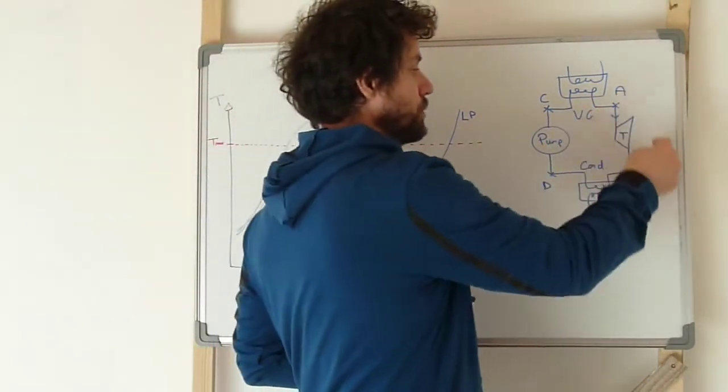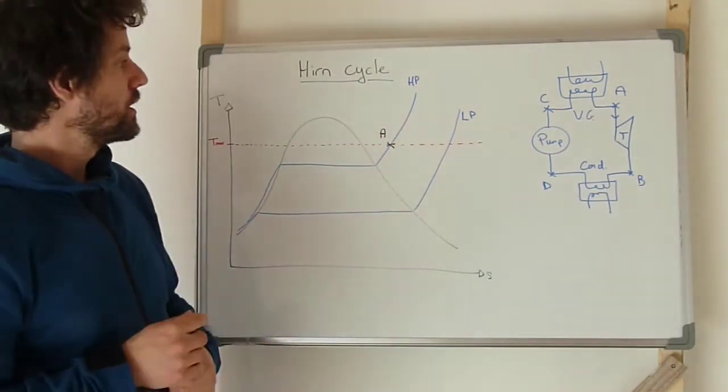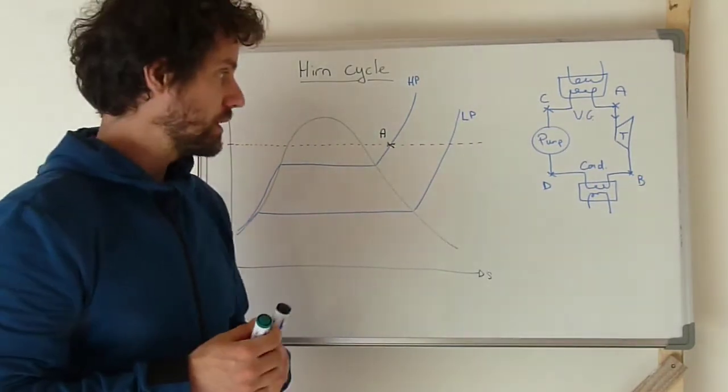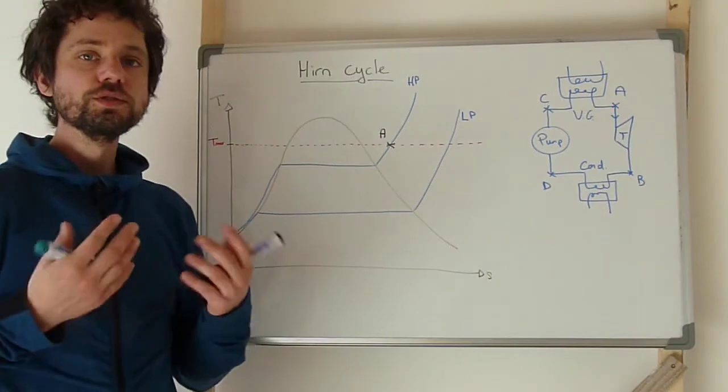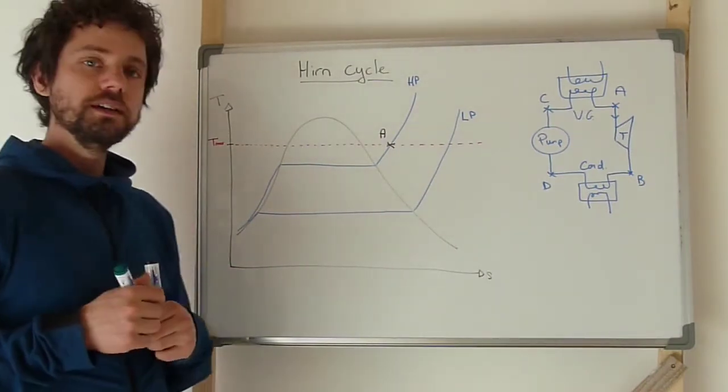Then we have the expansion through the turbine from point A to the lower pressure, and we can usually define point B, the outlet of the turbine, in two steps.